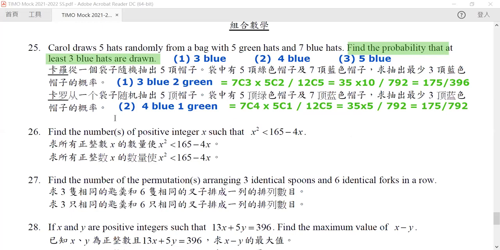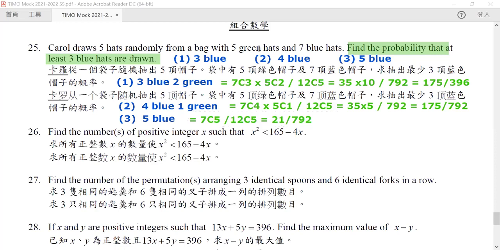So finally, we get all of them as blue. For this case, we get nothing from the green. So it will be 7C5 divided by 12C5, and our 7C5 is equal to 7 times 6 divided by 2, which is 21, over 792.